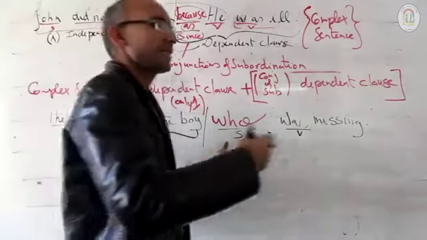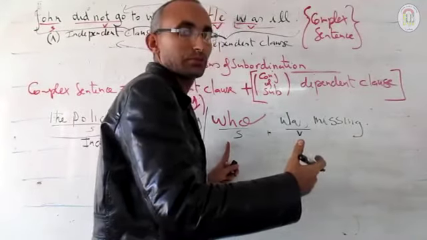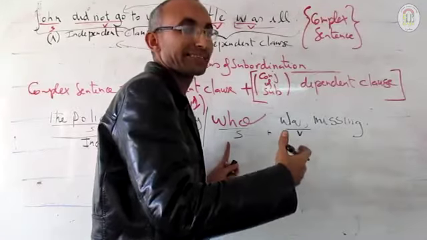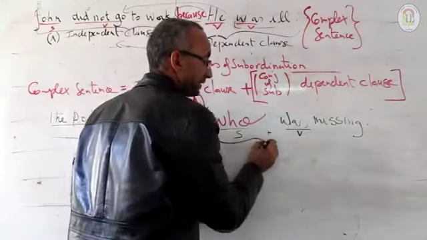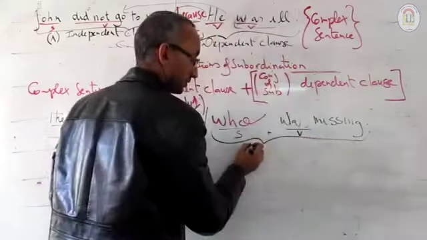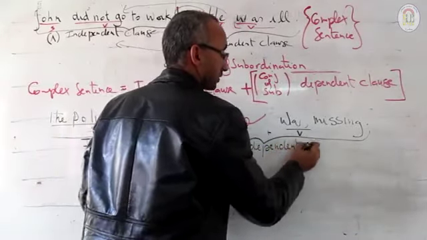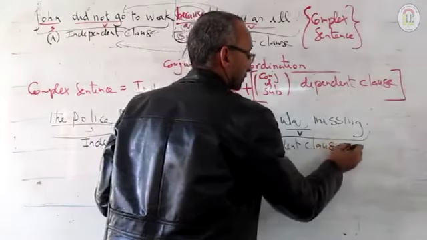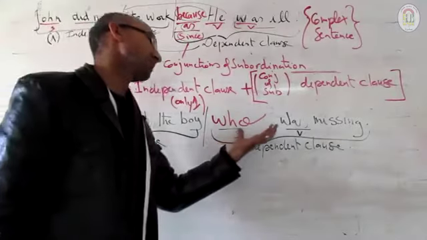Now, who was missing? Here you need to continue. So, there is something here incomplete, something missing. So it is a dependent clause. Alright. Now what does this clause start with?